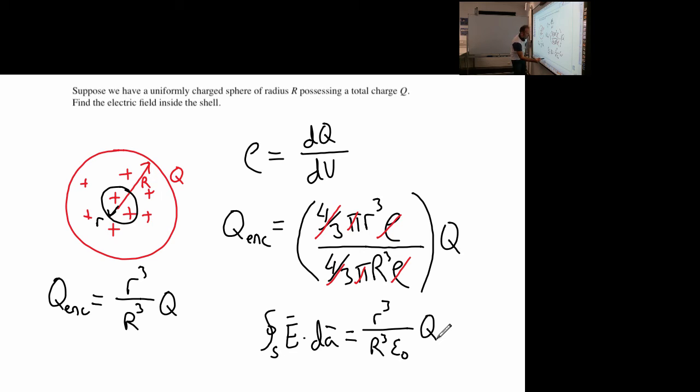So remember again, because we have symmetry and we have a sphere, the electric field is going to be pointing radially outwards. Our surface area element, when we integrate it over the surface, is going to be given by 4 pi r squared. And because the electric field is going to be constant and uniform over the surface, it can be brought outside the integral.